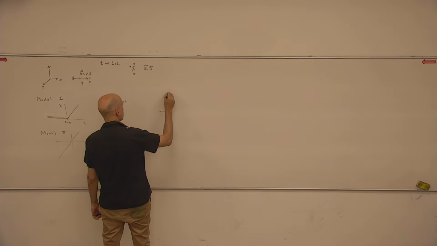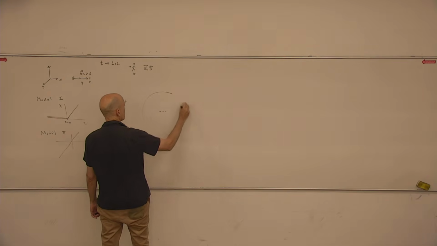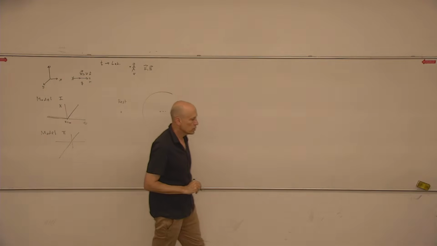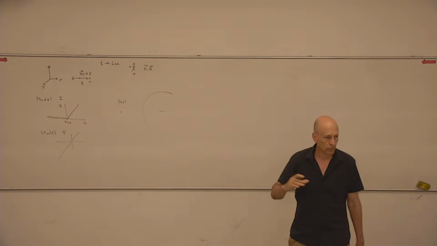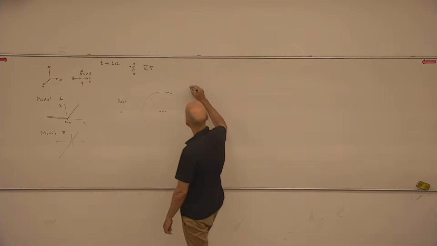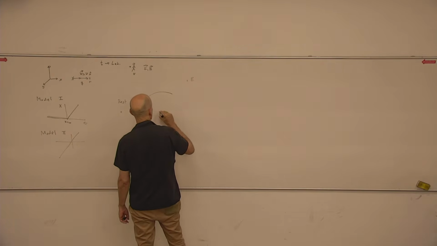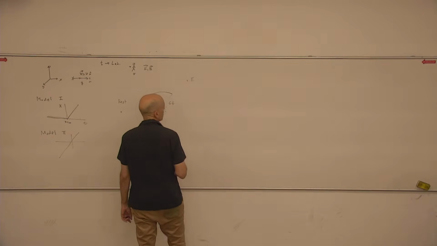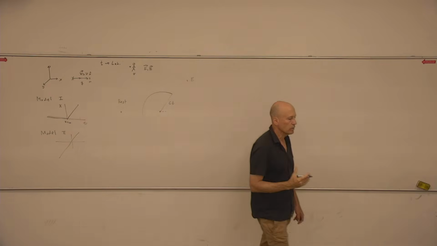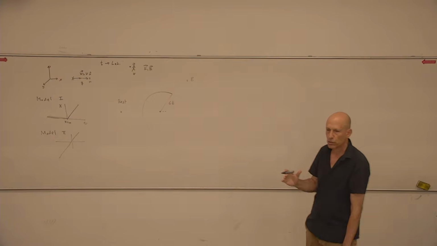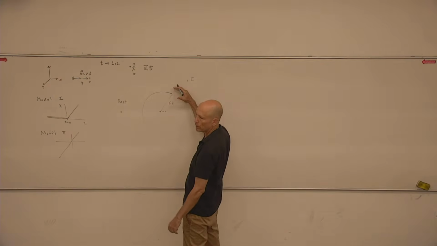But let us look at a circle whose radius is ct. What will E be here in this case? So what does it mean, this is ct? This is the radius. No information can go beyond this radius, right?